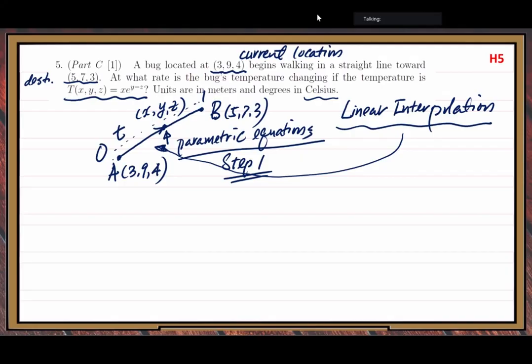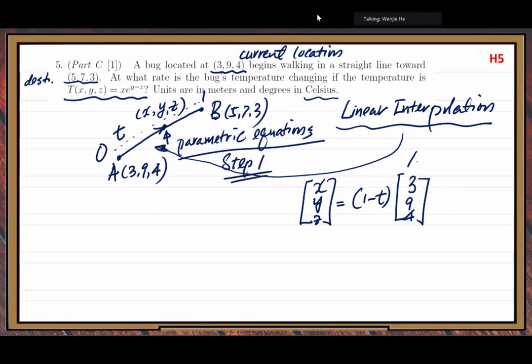So we can write using the linear interpolation way the arbitrary point x, y, z. Here I like to use the vector way. So x, y, z equals the linear interpolation of A and B. For A, we use 1 minus t, times point A, 394.